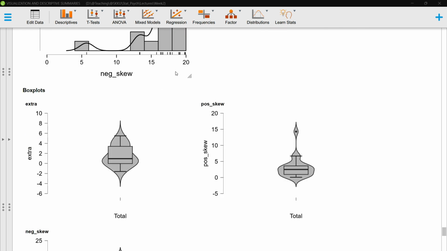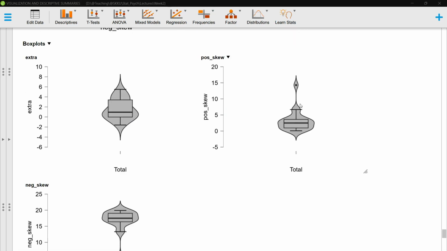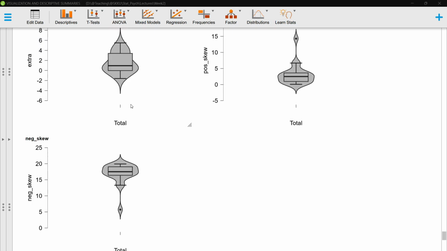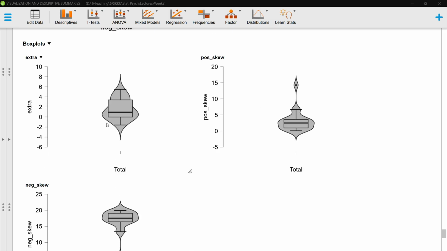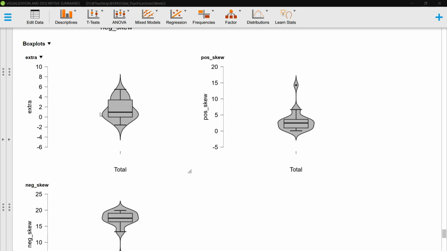When we look at the box plot with the violin shape, this is a violin plot. These are the three variables, the box plot with the violin plot. See here, what is this shape?